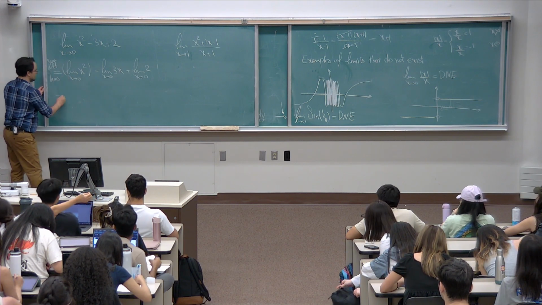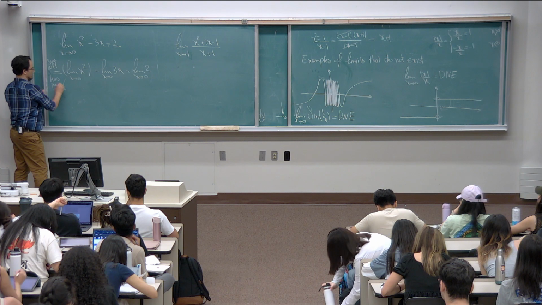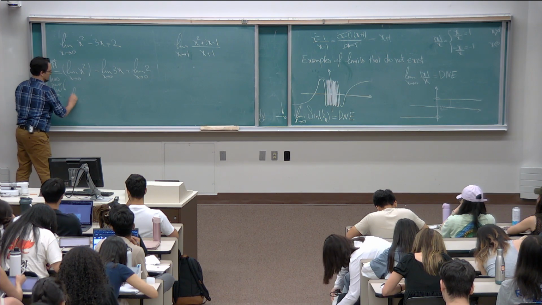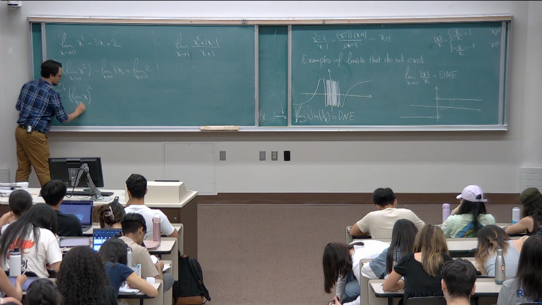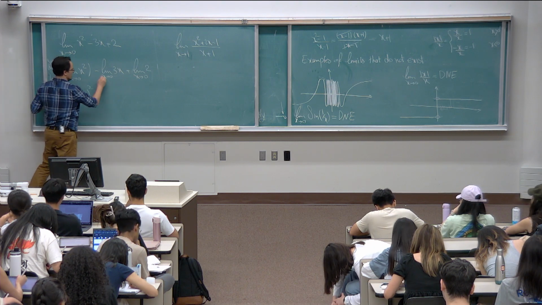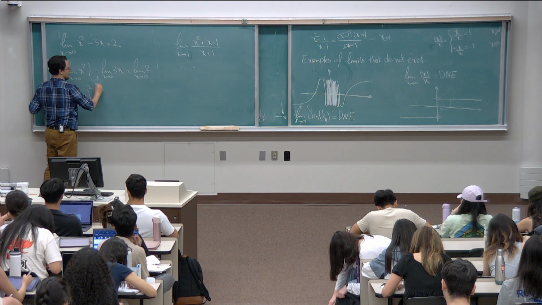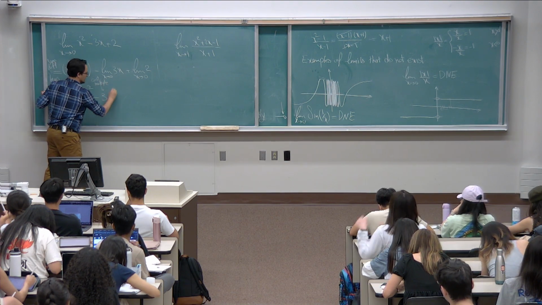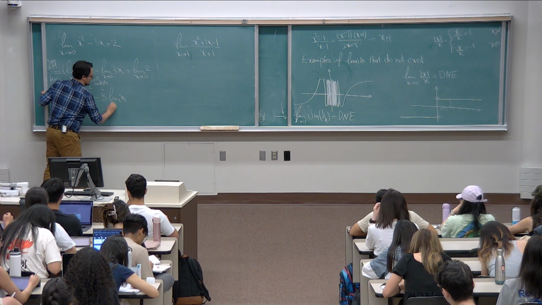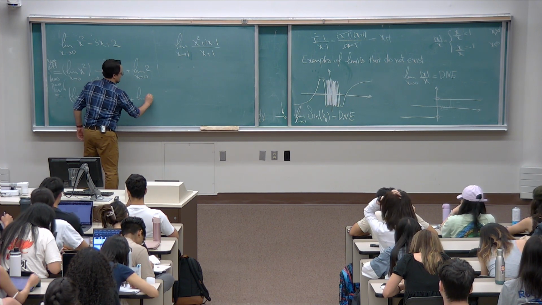Then I can apply power law. So this will be limit of x to the power 2 as x approaches 0. Here I'm applying constant multiple. This will be 3 times limit of x as x approaches 0. And this I'll leave.